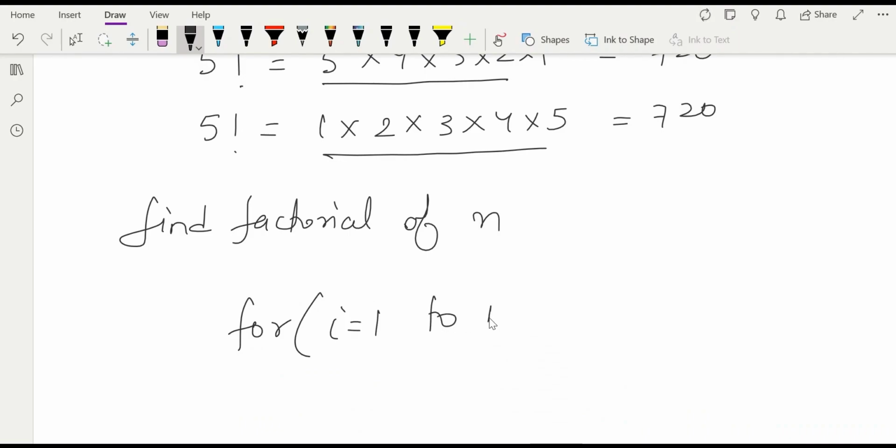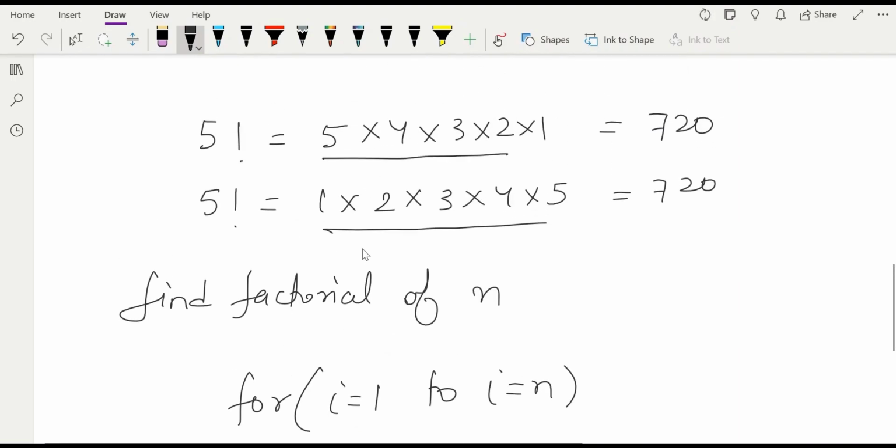to i equal to n, and in each iteration we are simply multiplying the ith value to a variable. So we can initialize a variable before entering into the loop.